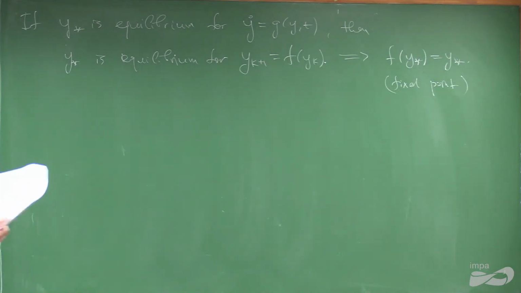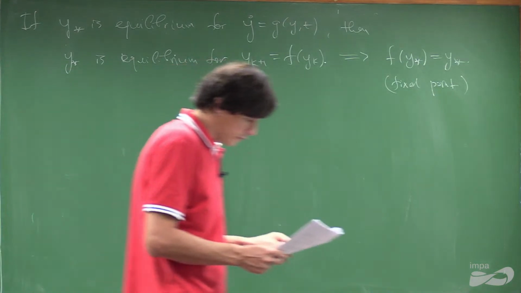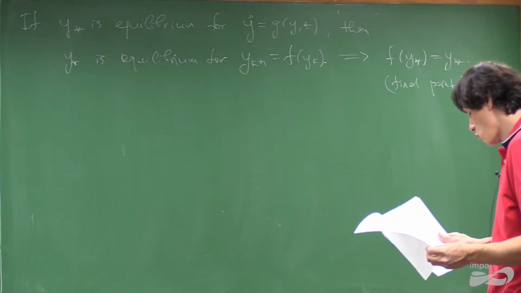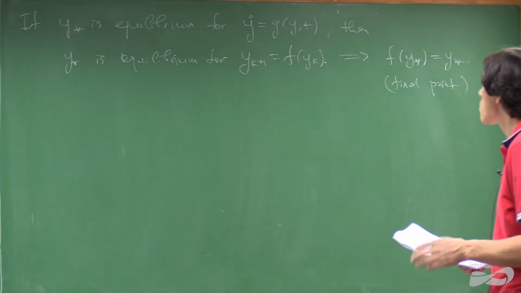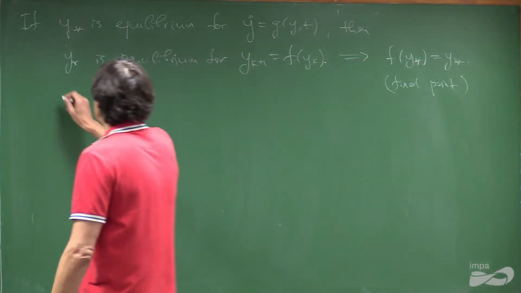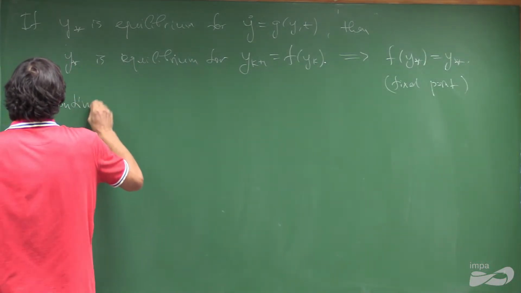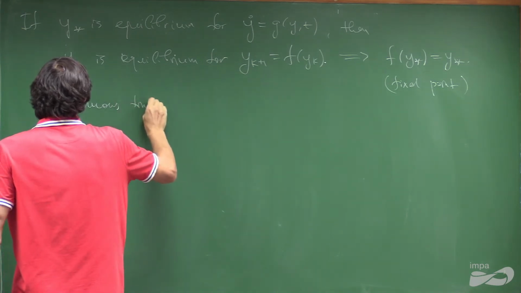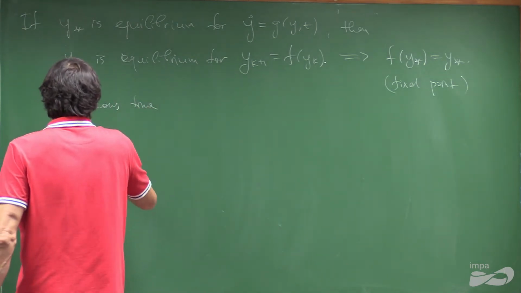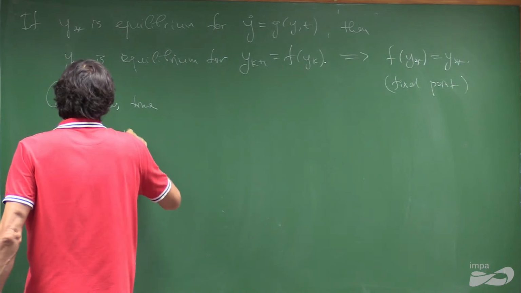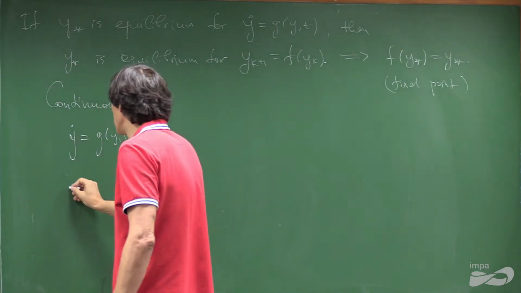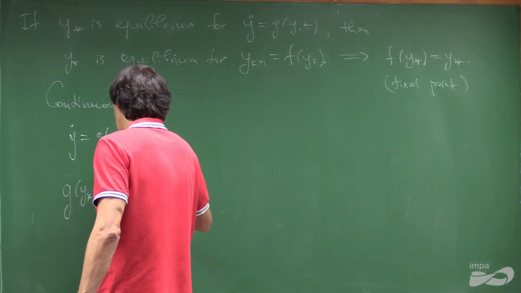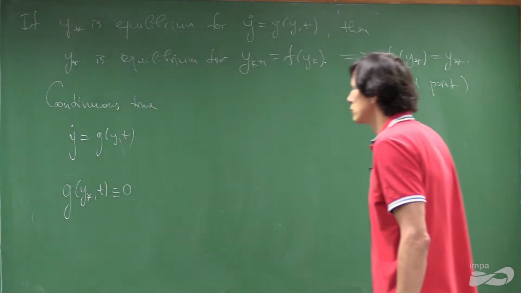So essentially we have two different descriptions. In continuous time, this is the system, and equilibrium means that the right-hand side function is 0.